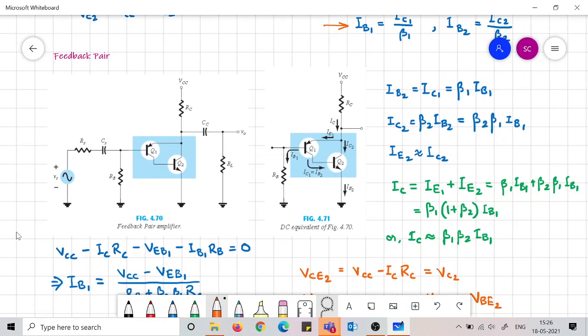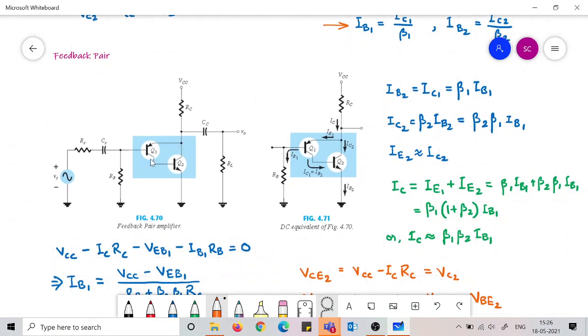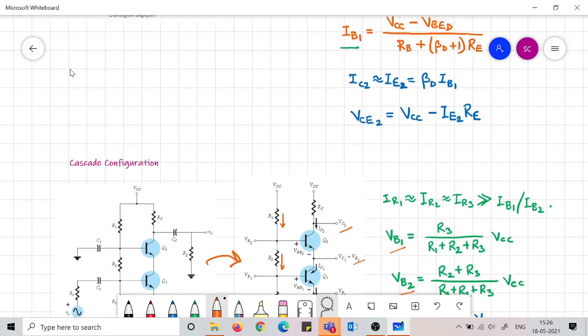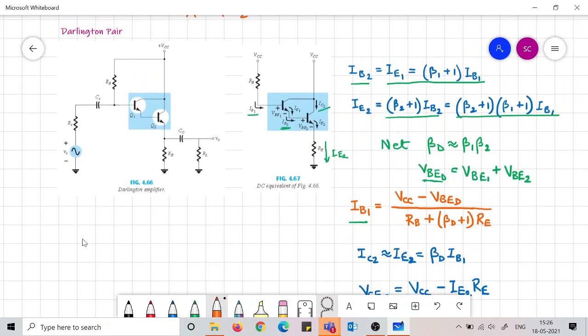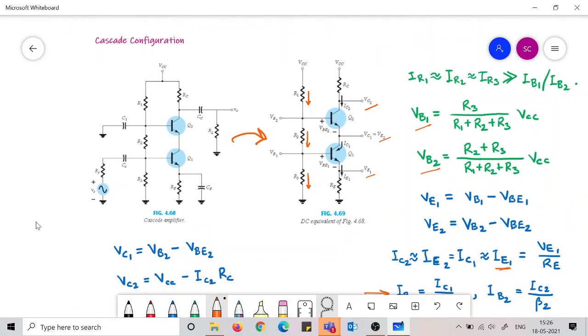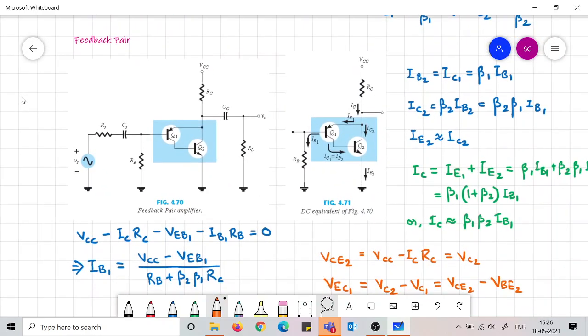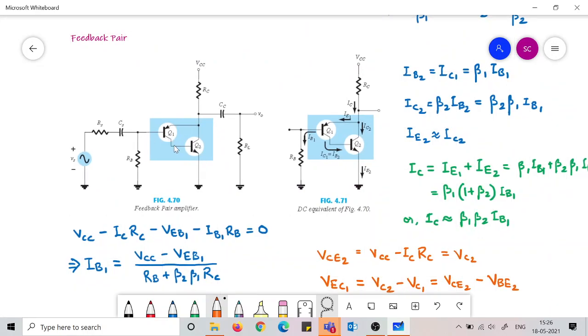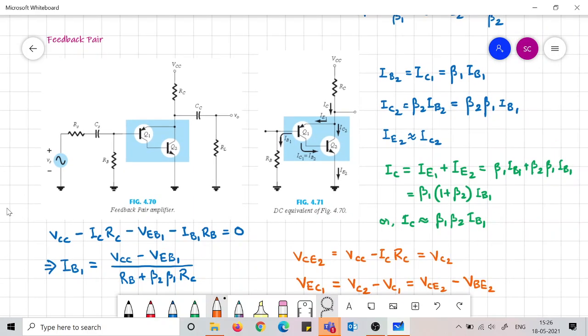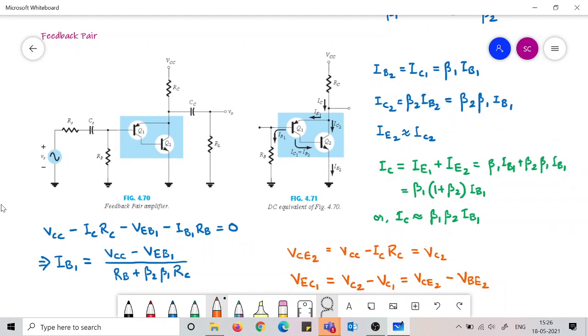And here what is happening, this is connected in a similar fashion to the Darlington pair. You see how it is connected in the Darlington pair, and how it is connected in this feedback pair. The connection is the same, but the difference is that in the Darlington pair both are the same type of transistor, either NPN or PNP.